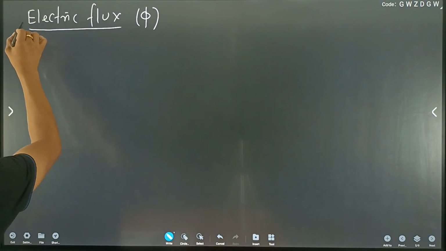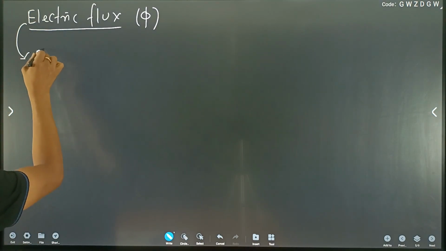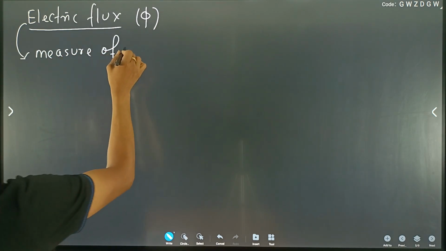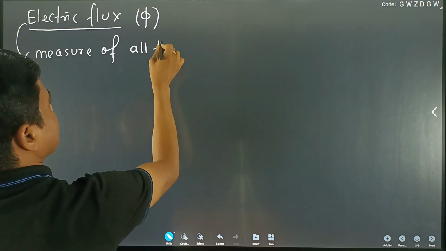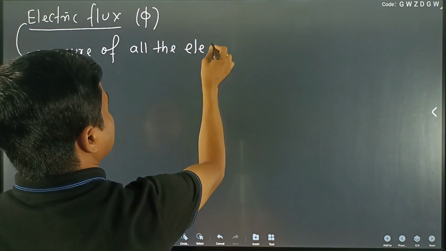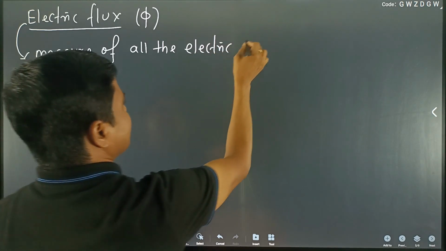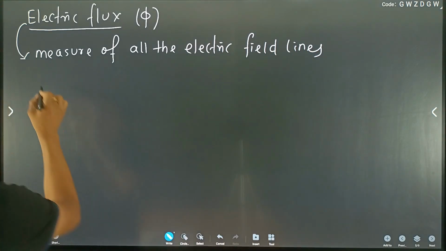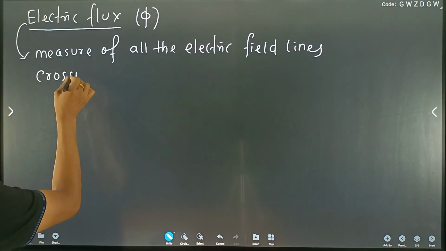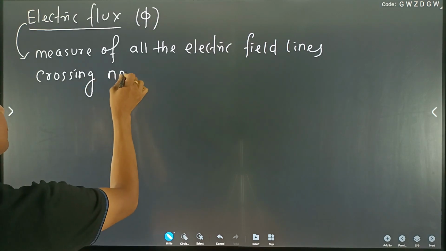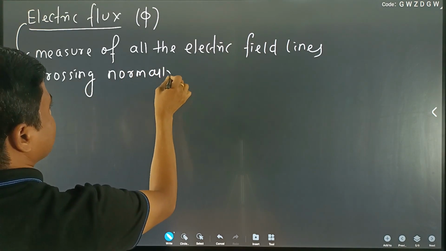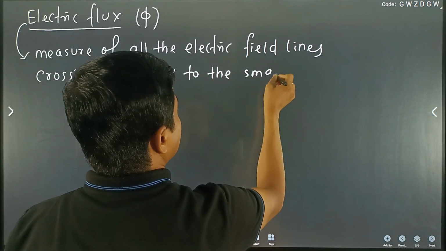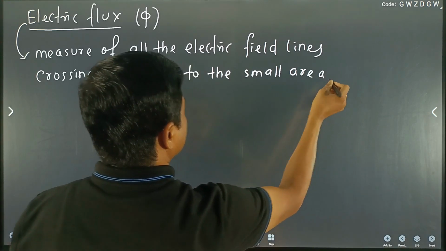Clear? That means electric flux is a measure of all the electric field lines crossing normally to the small area element.